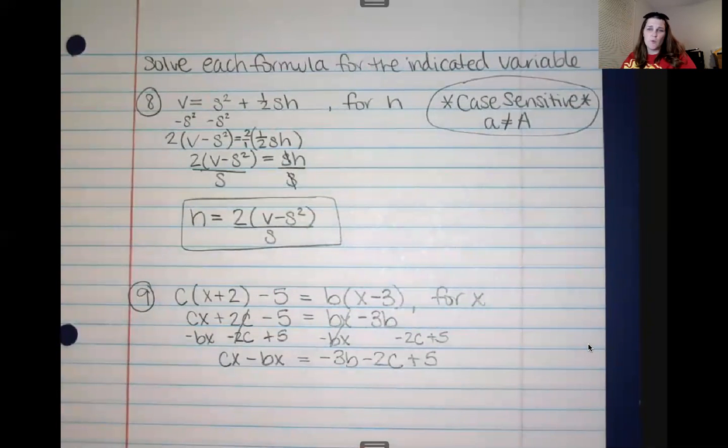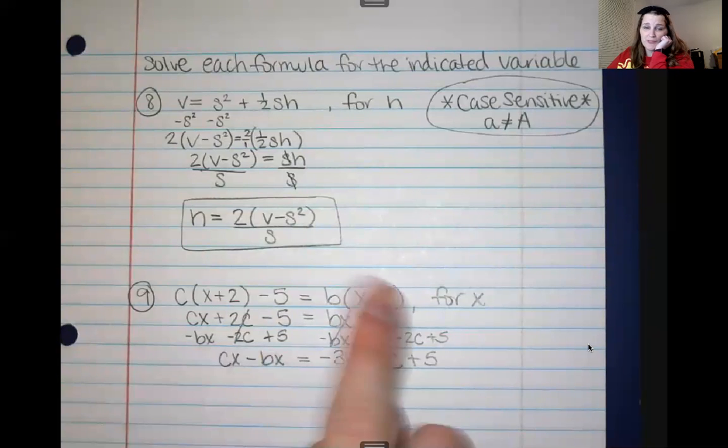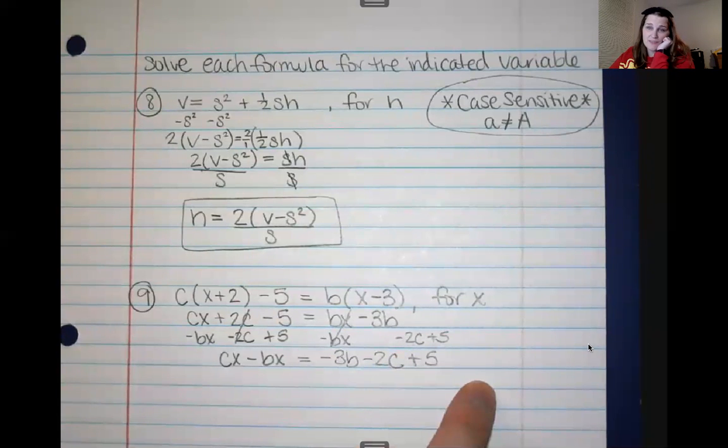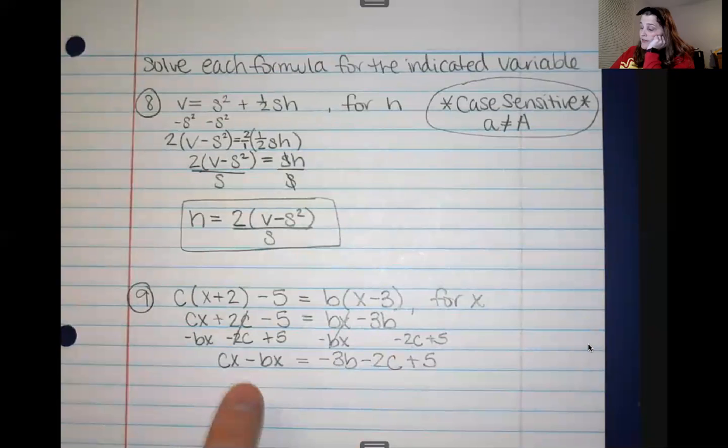Now let's talk about the order that I wrote it in. So typically you would write things alphabetically, okay? So for example, on the right side, this is alphabetical. We have B, C, and then we have a constant, okay? On the left side though, I did C, then B, okay? And it really doesn't matter, okay?